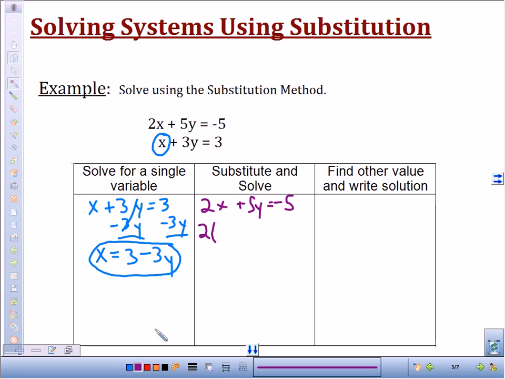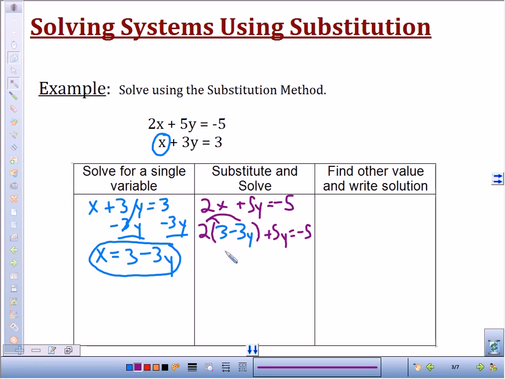So it will be 2 times 3 minus 3y plus 5y equals negative 5. So x has been replaced by what I got in the first step. Now I need to solve this equation. Since I only have y's in this equation, I should get a single number answer.